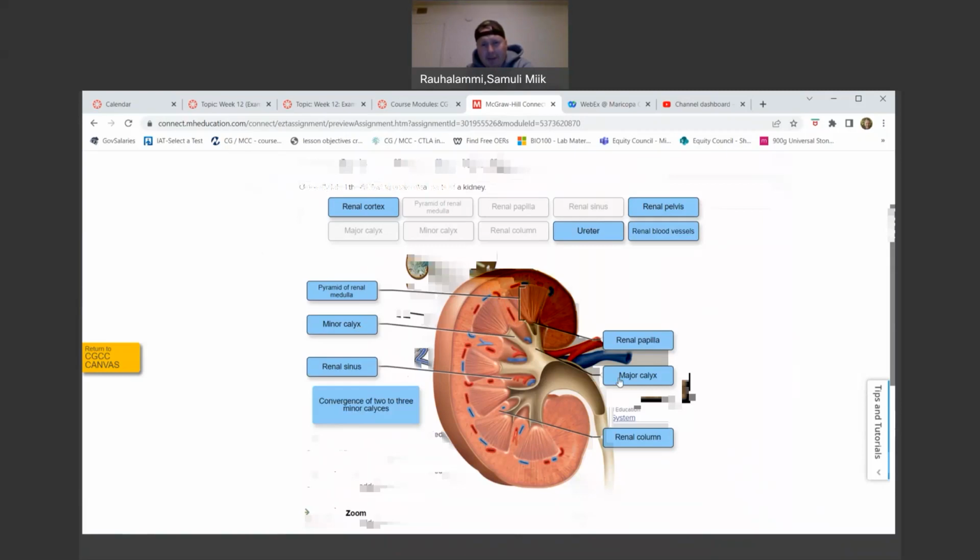So minor calyces feed into the major calyces, collecting the urine that was produced. We're seeing the renal column that I've referred to a few times here between the renal pyramids. So the renal column lies in between the renal pyramids at the medial parts of the kidney.